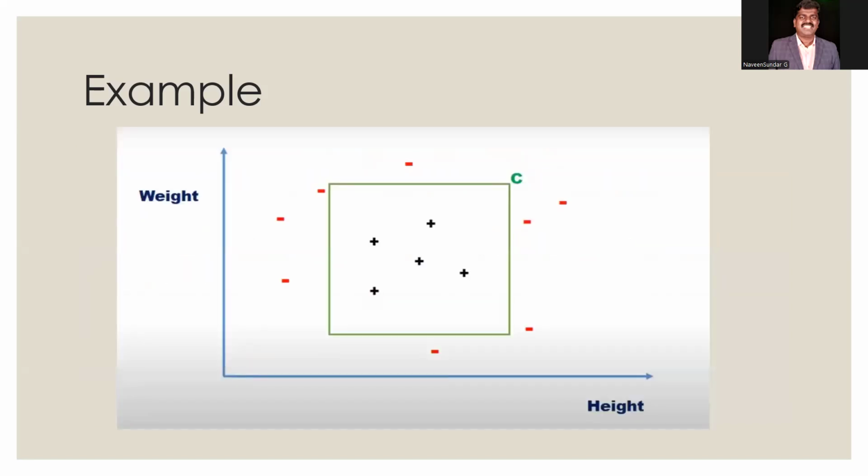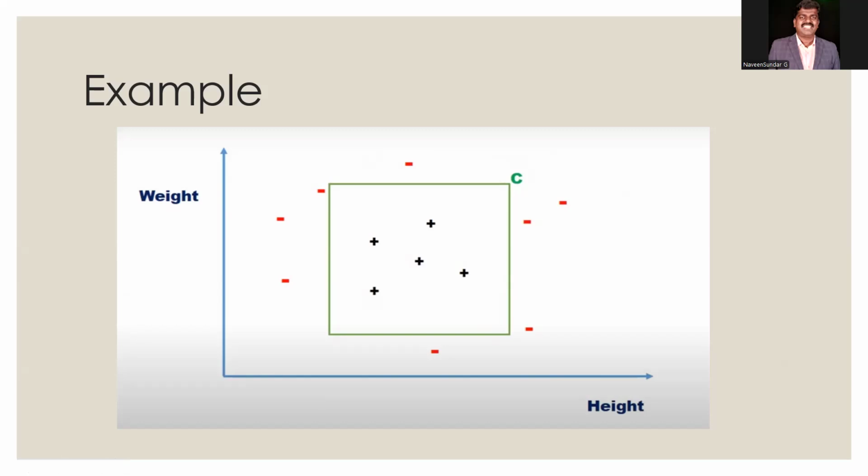Here you can see the rectangle plane we are using to separate. If you have height and weight on the x-axis and y-axis and plot based upon the values given in the data set, you find the correct output.